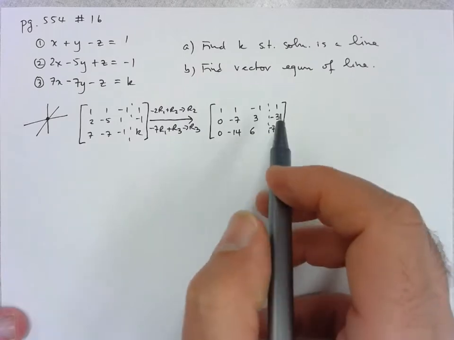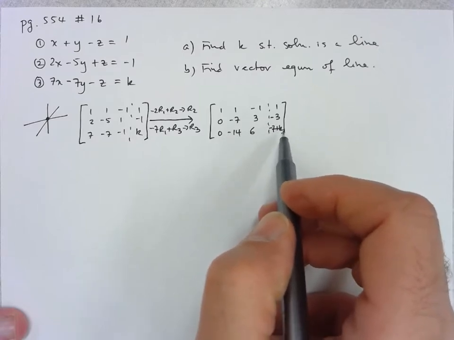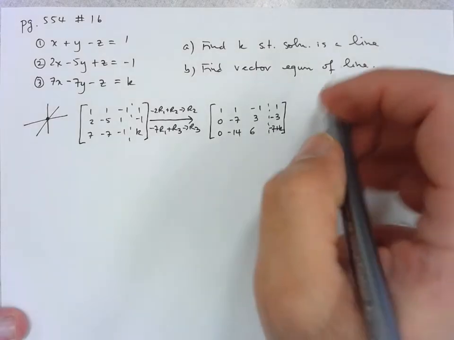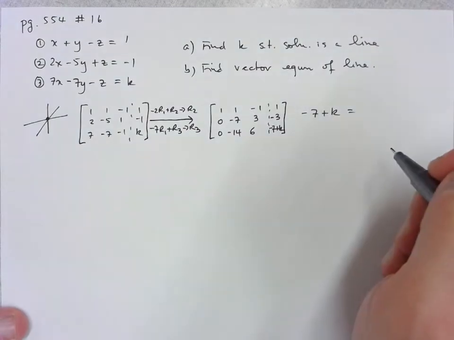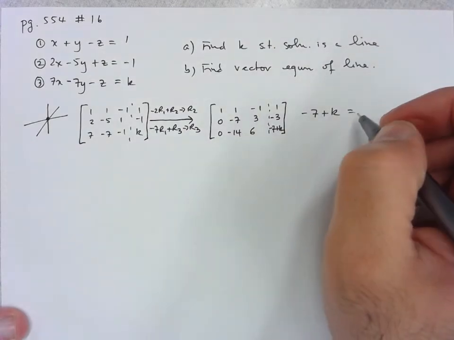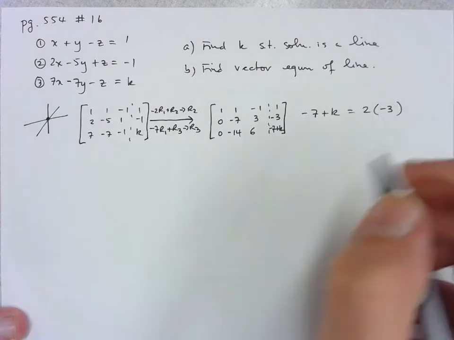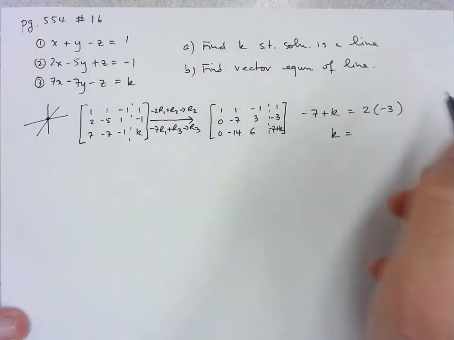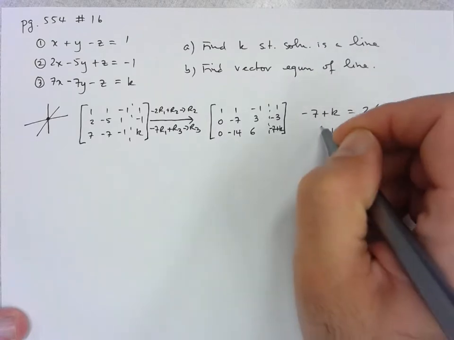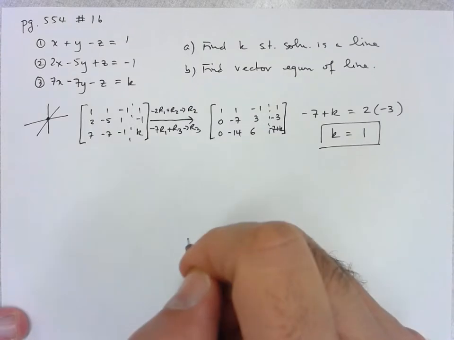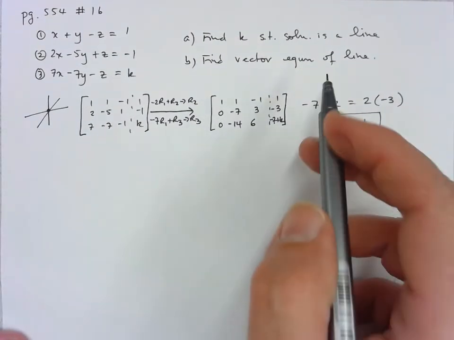If I needed it to have no solution, that could be anything other than that scenario. So this needs to be equal to 2 times negative 3. Then we can solve that. k is equal to, so negative 6 plus 7 is just going to be 1. So this is the k value needed in order to have a solution that's a line.